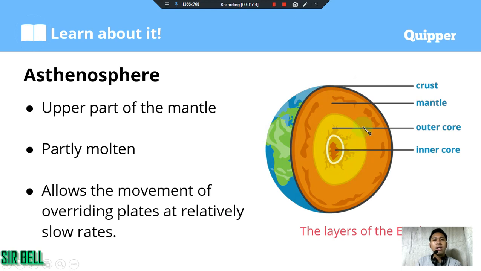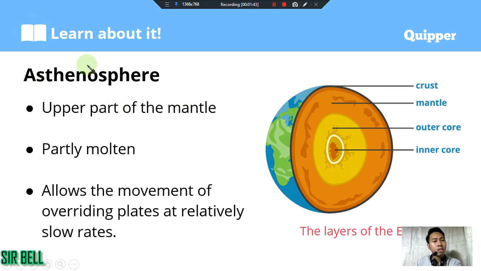So you know already that we have four layers of the Earth. We have crust, mantle, outer core, and inner core. And the most important layer that we'll be going to tackle is the asthenosphere, which is located in between crust and mantle, or the upper part of mantle and below crust.